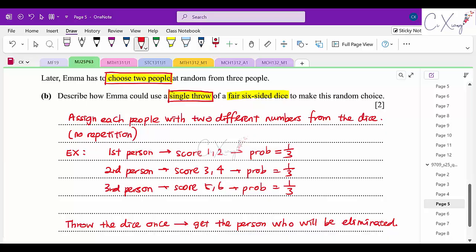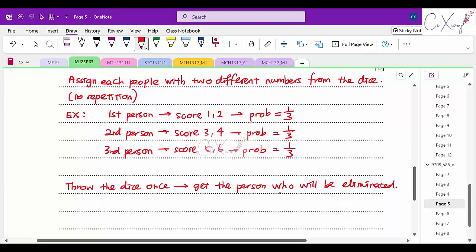So by using this single throw of a dice, I actually exclude that particular person from being chosen. So throw the dice once, get the person who will be eliminated, then the remaining two persons will be selected.